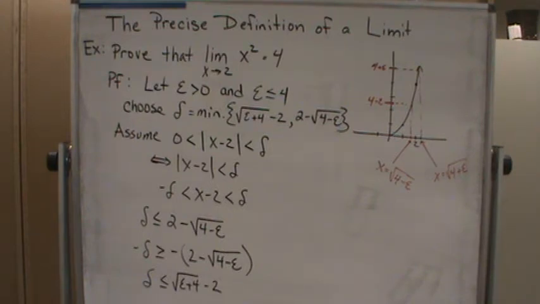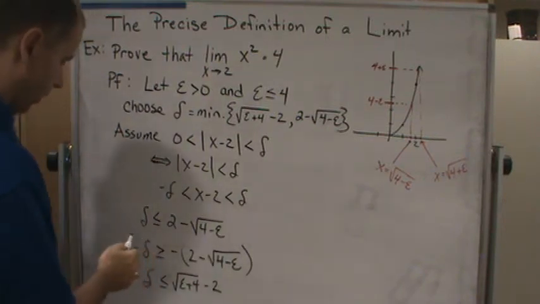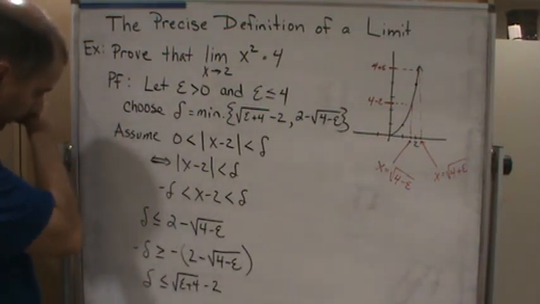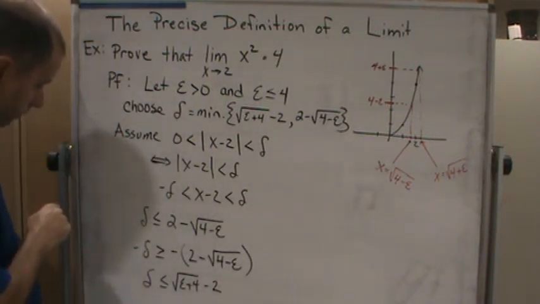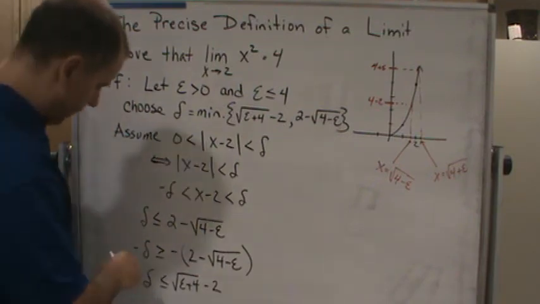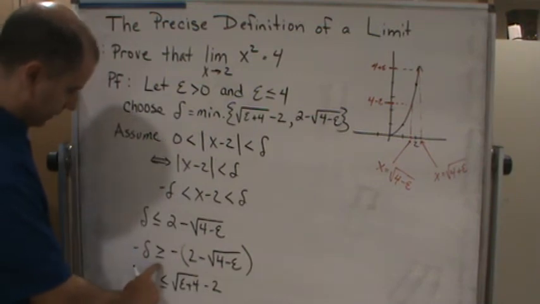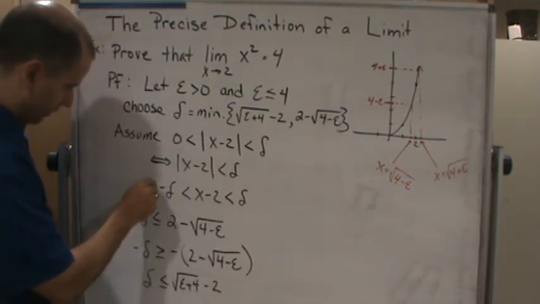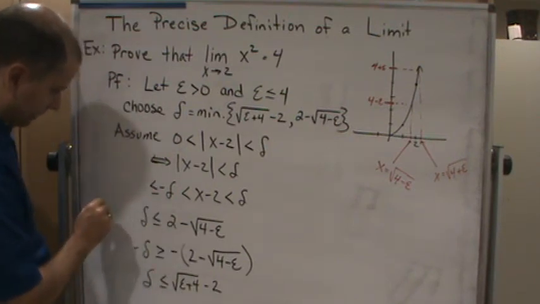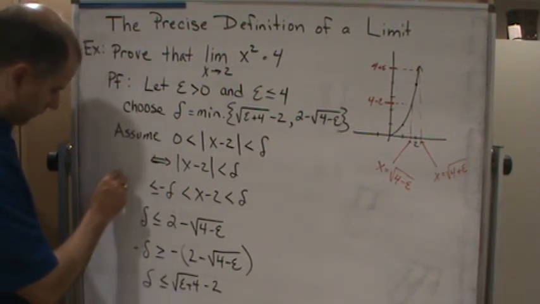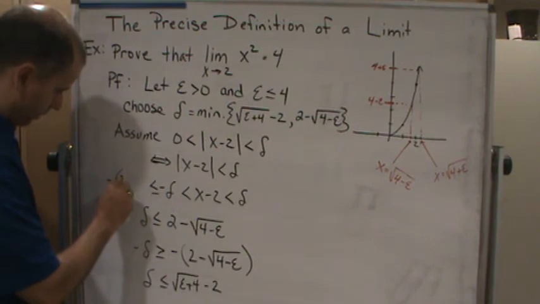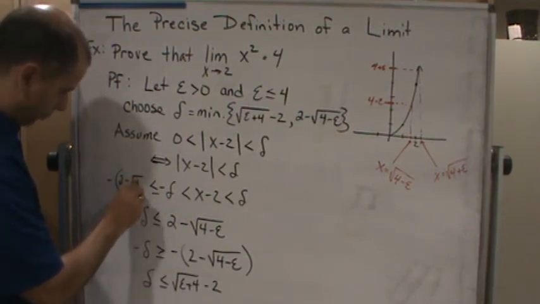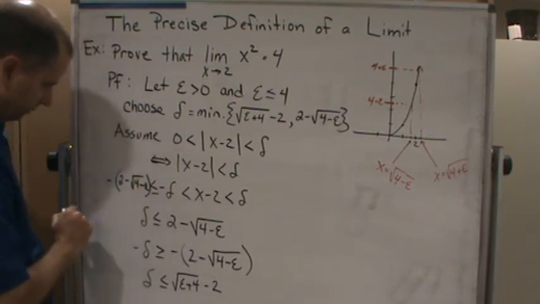So now, what does that give us? Well, that gives us, so negative delta is greater than or equal to this, so that means we get negative 2 minus the square root of 4 minus epsilon.